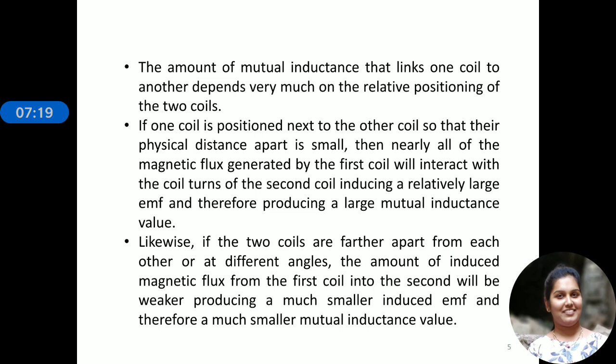For example, if one coil is positioned next to the other so that the physical distance apart is small, then nearly all the magnetic flux generated by the first coil will interact with the coil turns of the secondary coil, inducing a large EMF and therefore producing a large mutual inductance value.